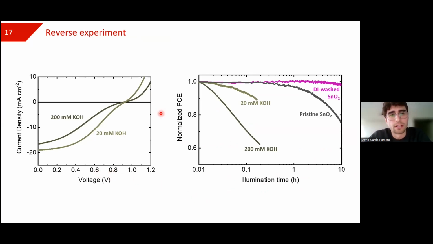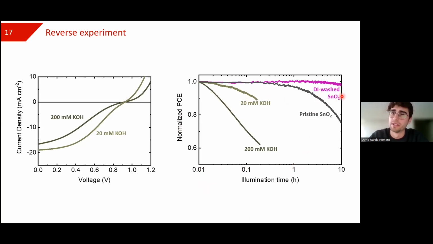So the light soaking is back again. We see that also with the higher concentration of potassium hydroxide, this is even more pronounced. And what I'm showing on the right side is the power conversion efficiency over time. So again, the photostability is compromised.